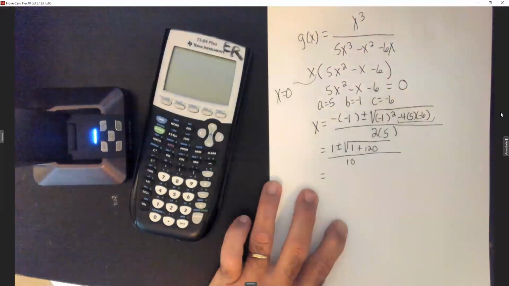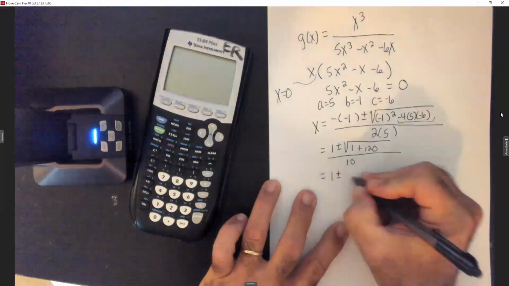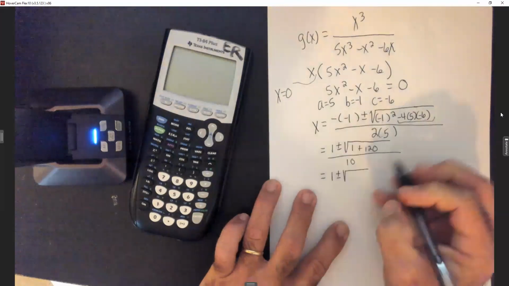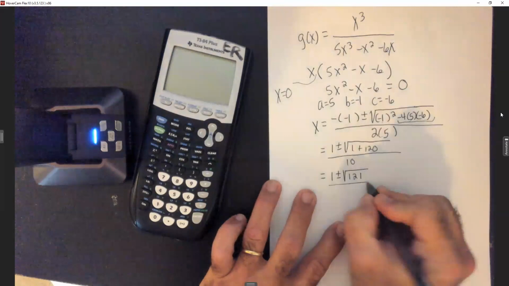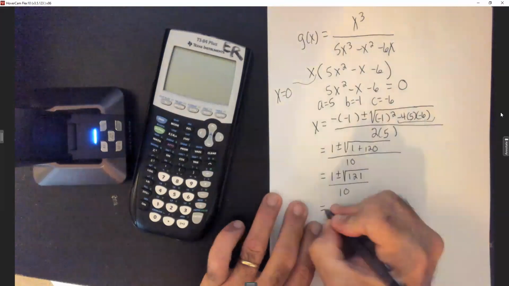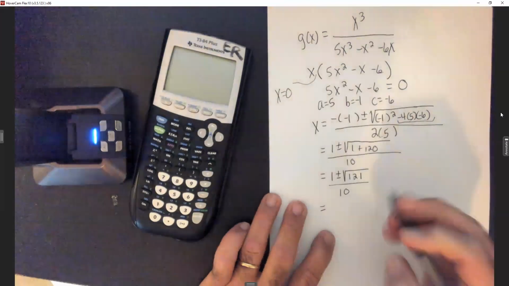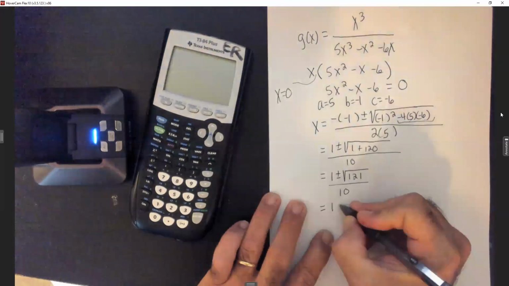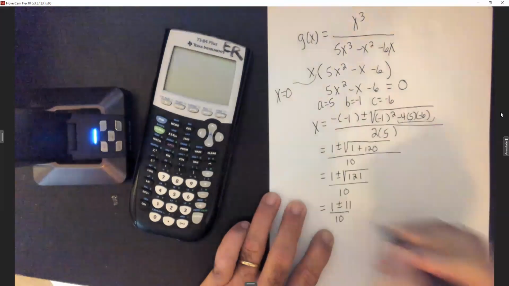So let's keep working under here. So bring down the 1 plus or minus the square root of 1 plus 120, which is 121, all over 10. So now take the square root of that 121. So you get 1 plus or minus 11 all over 10.